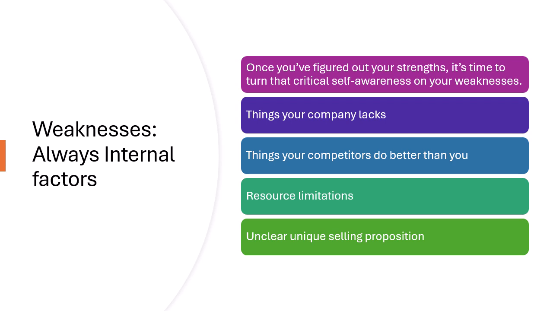So when we look at weakness, there's no time for ego. We need to really sit down and say, you know what, we have certain weaknesses in comparison to our competitors. We might have certain resource limitations that can be skilled labor. It can be looking at factors such as intellectual property, or it can be looking at financial resources.